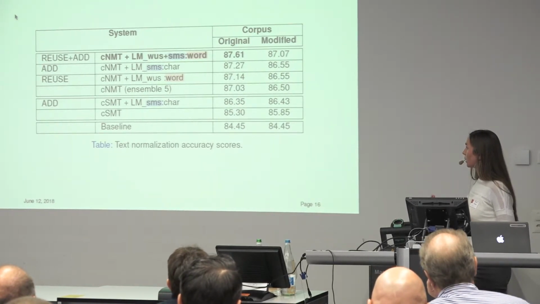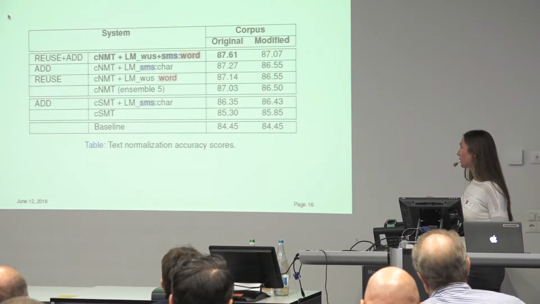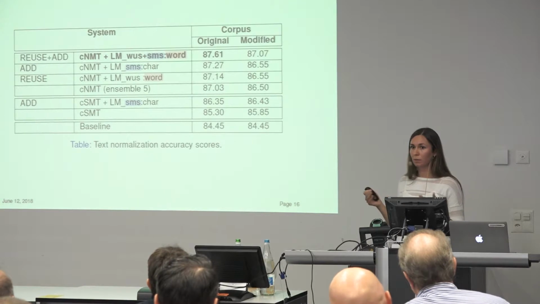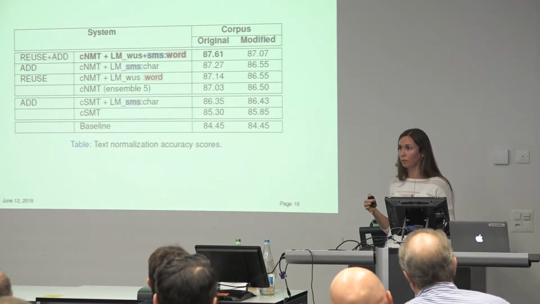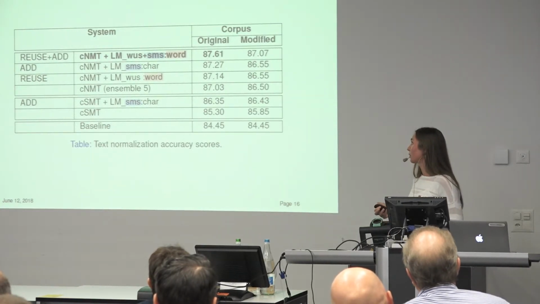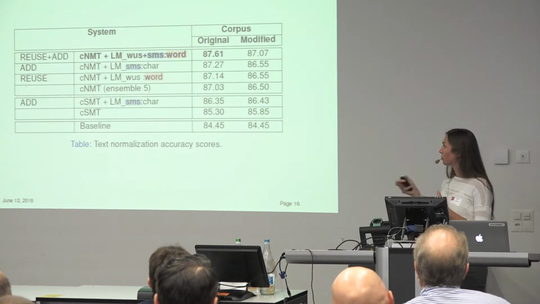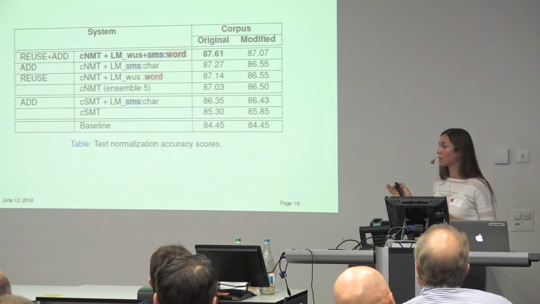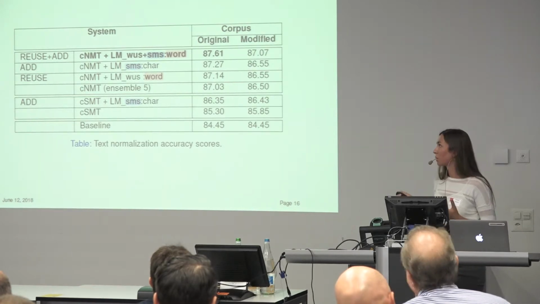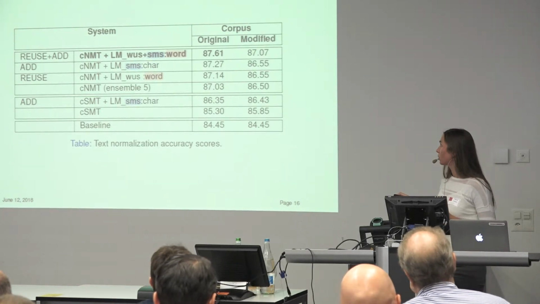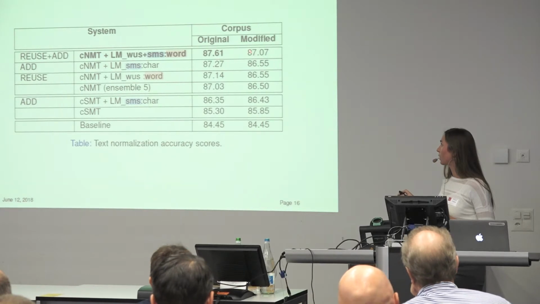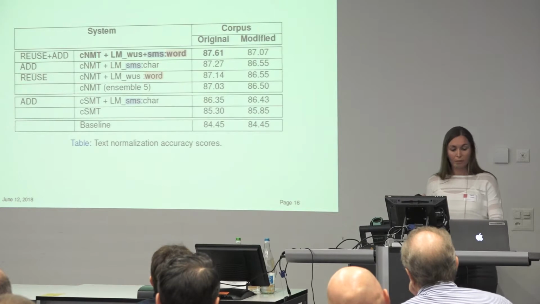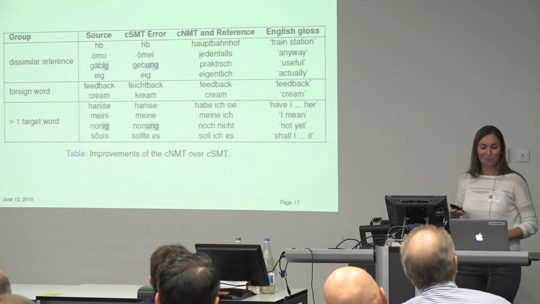Regarding the NLT system, both add and reuse settings help, but the best performing system is where we combine these two ideas together. Of course, one can try some combinations of those settings, and we've tried some which made sense. However, the accuracy was still not as high as that of the best system. And now I can give the word back to Massimo.